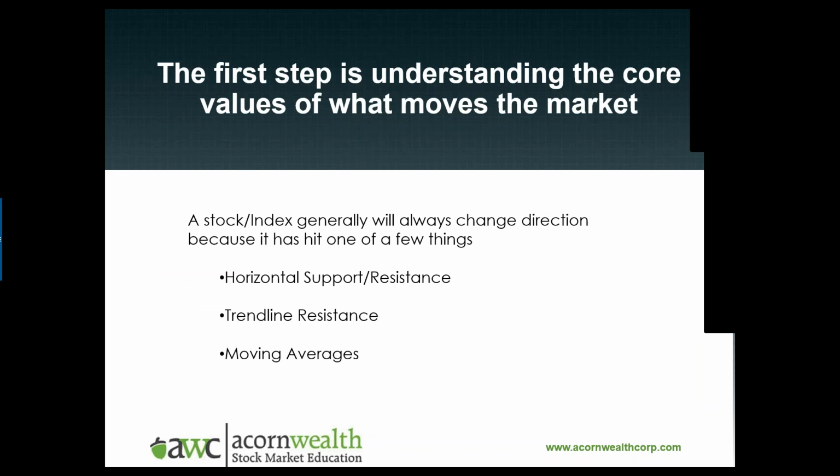So firstly, the first fundamental rule that I incorporate into every single trade that I do, or everything I do with the market, is to believe that a stock or an index will only change direction because it has hit horizontal support and resistance, trend line resistance, or a moving average.